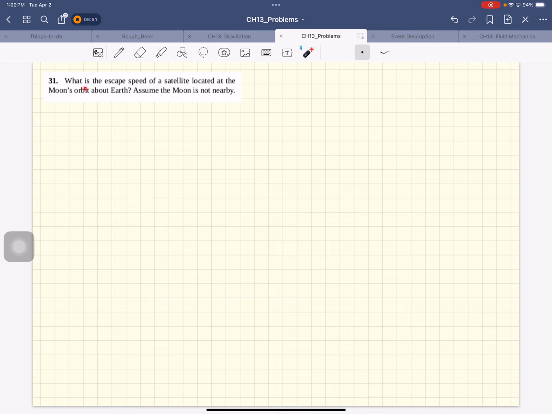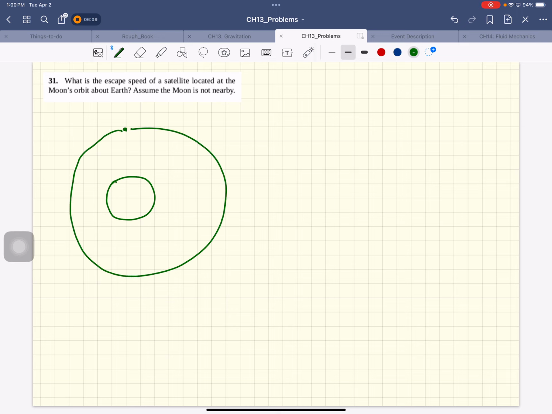Okay, this problem says, what is the escape speed of a satellite located at the moon's orbit around Earth? Assume the moon is not nearby. So, all right.